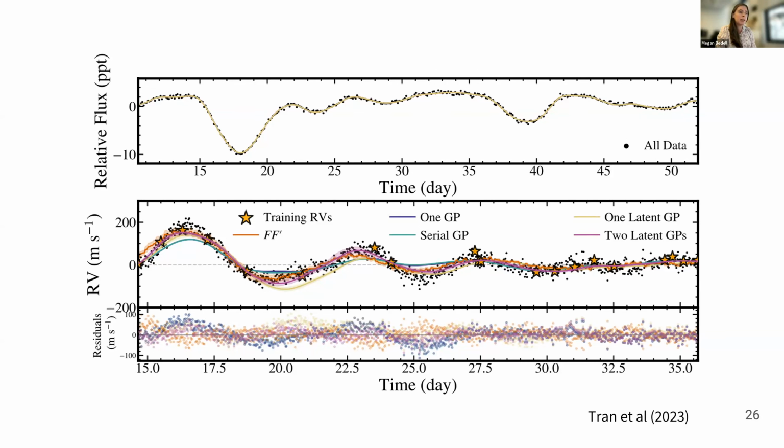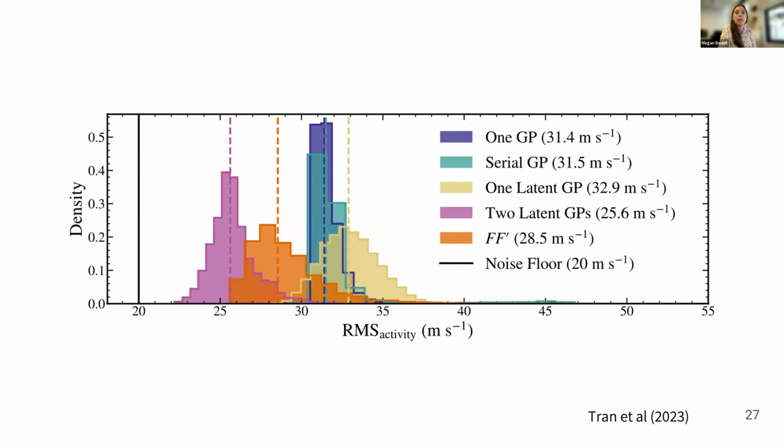Probably the easiest way to compare these things is to look at the residual RMS in the RVs. We did this by looking at the posteriors, sampling many different realizations of that GP model and looking at how the RMS changes across the region of possible fits.